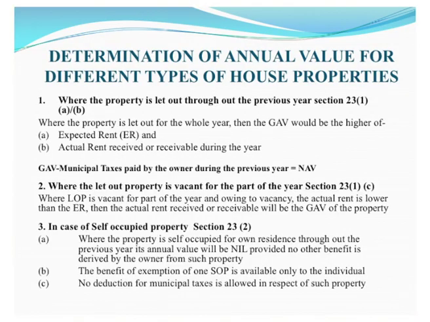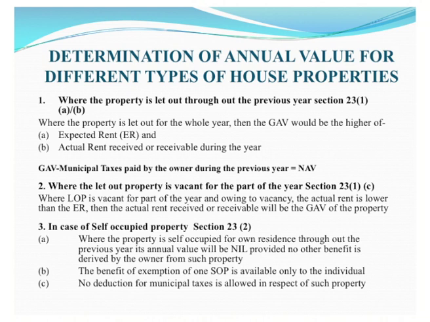Now after learning the categories of house property, let's understand how to determine the annual value. Firstly, I'd like to explain the property which has been let out throughout the previous year under section 23(1) sub-sections A and B. When the property is let out throughout the previous year, how do you determine the GAV?